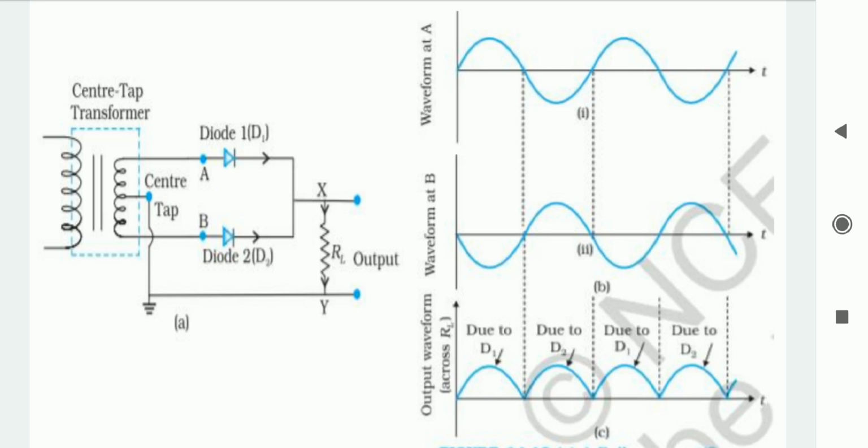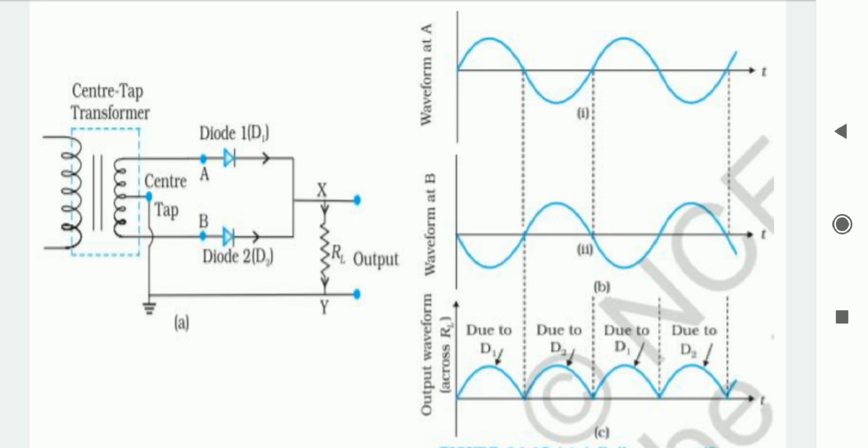Based on the utilization of the center tap transformer, this full wave rectifier is known as the center tap rectifier.